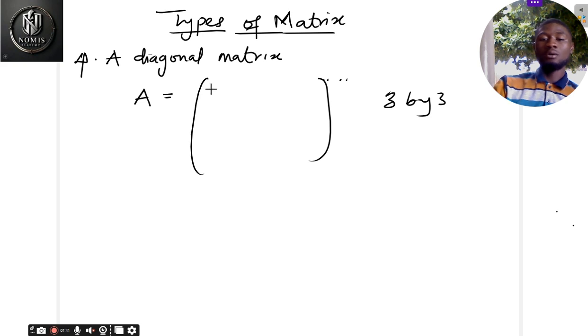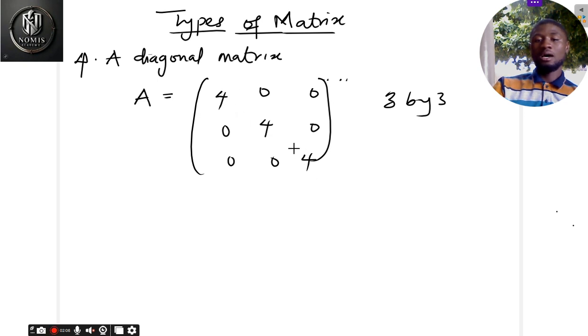The leading diagonal goes from the top left down to the bottom right corner. You know, a diagonal is from one corner to the opposite corner. So let's say we have 4, 4, 4, then the others are just 0, 0, 0, 0, 0, 0. Such is a diagonal matrix.